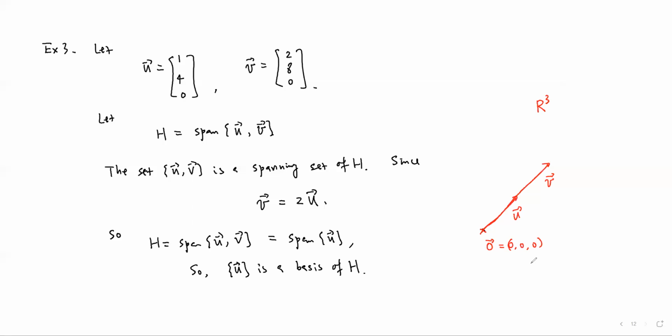These two vectors lie on the same line, so they span just a line through the origin, a one-dimensional subspace. So the conclusion is that the dimension of this space H is just one, because the basis contains only one vector.